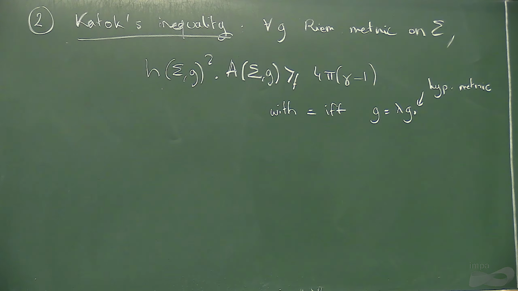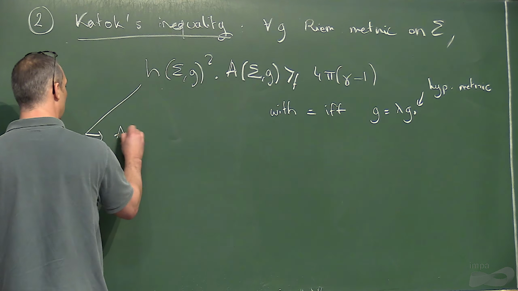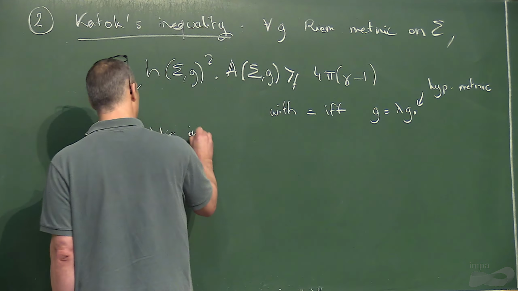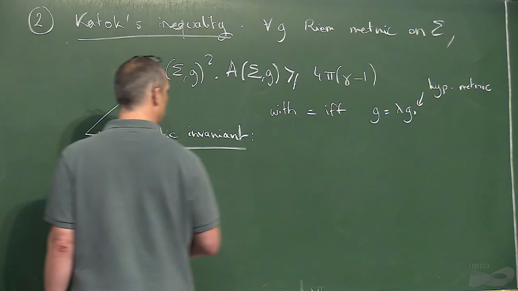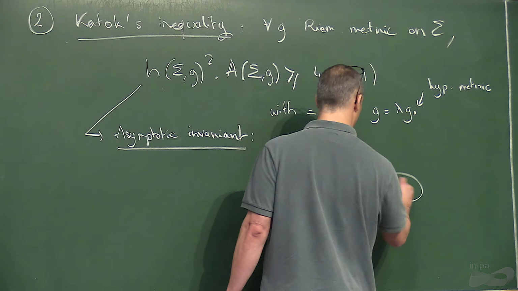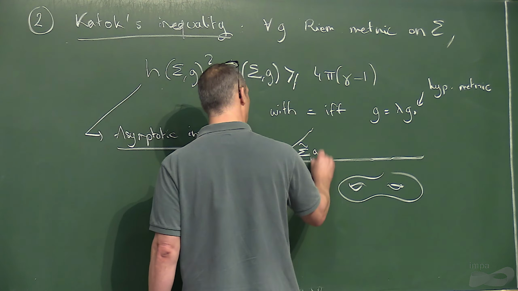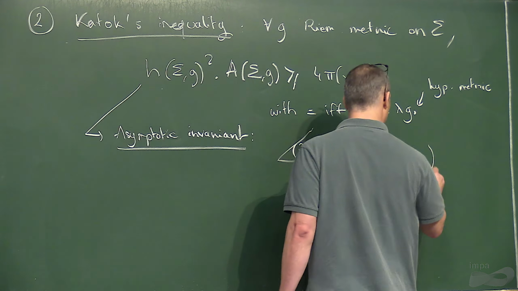Here there is a new object that appears in the conference, which is the volume entropy. As this is the first time, I will define it. This is an asymptotic invariant, which is constructed as follows. You take the universal cover of your closed surface with the corresponding Riemannian metric.